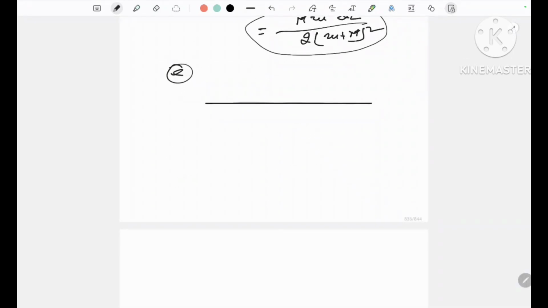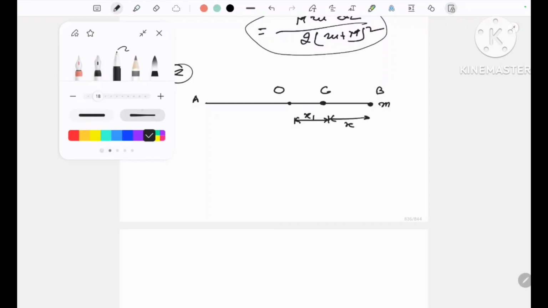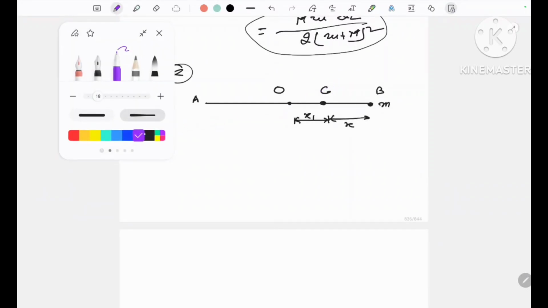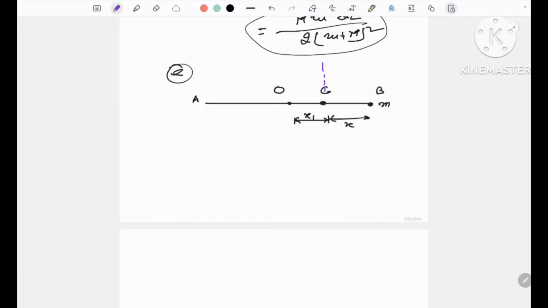This is the rod AB, the center is O, here is mass m, and here is the center of mass C. This distance is x and this is x1. The axis is perpendicular to AB and passes through C.